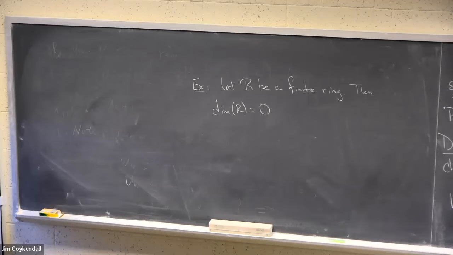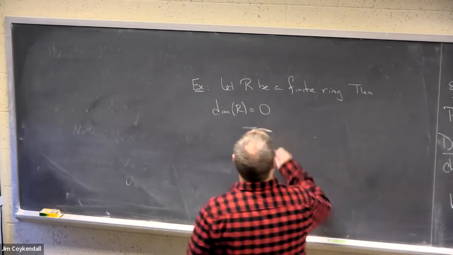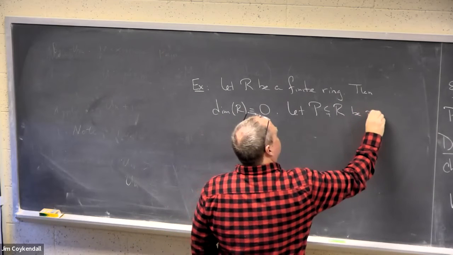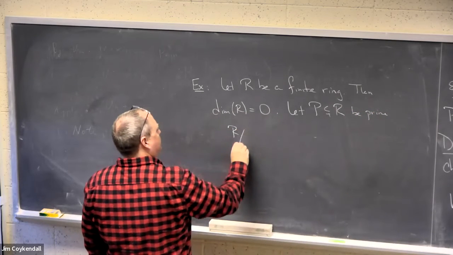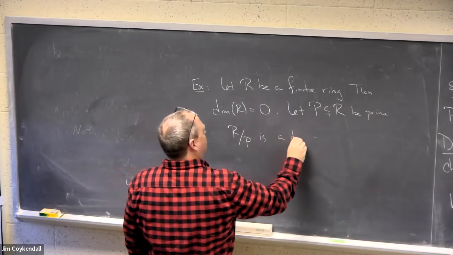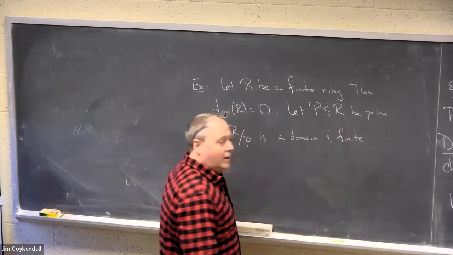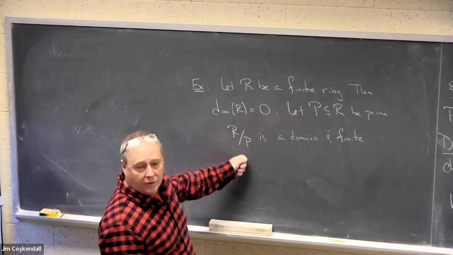And yeah, that's a good point. Some finite rings are fields, with dimension zero, so if there is a universal answer, it has to be zero. If you've got a prime ideal, then it has to be maximal, because if you mod out by it, R mod P is a domain, and it's also finite since R is finite.